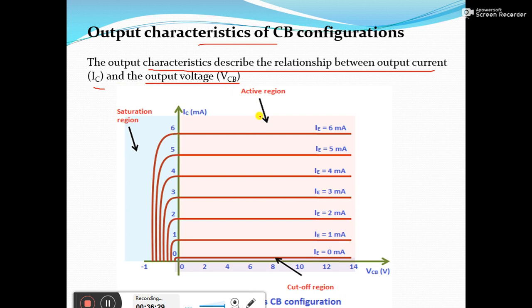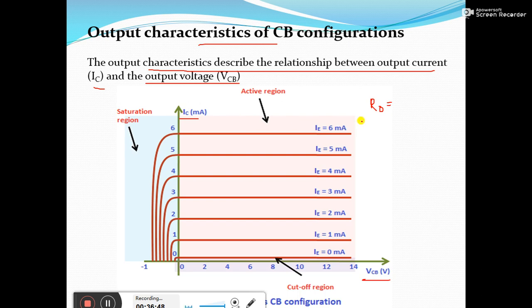First we shall give the definition of output resistance, that is R0. From Ohm's law, R is nothing but V by I. Here voltage is VCB and current is IC.